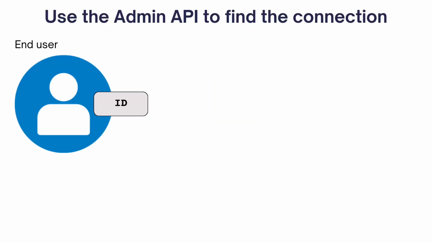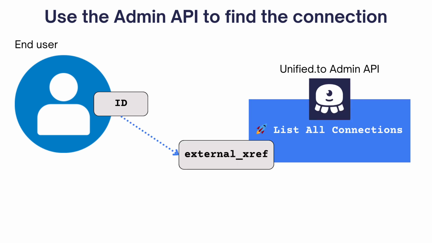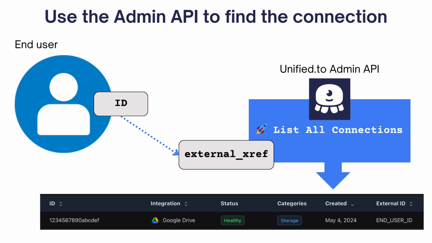Your application uses the value of an end user ID for the external_xref parameter of the Unified.to admin API's list all connections function. This function returns an array of connection objects whose external ID value matches that external_xref parameter.